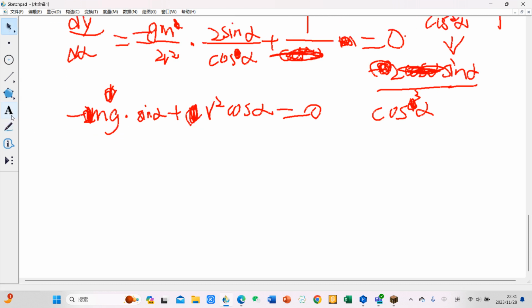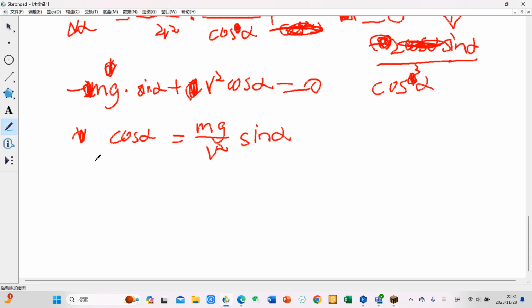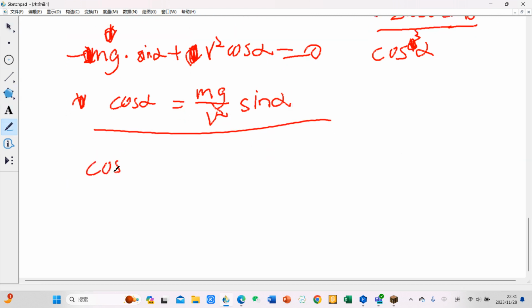Okay, so now we have sine alpha, cosine alpha here. That's not pretty good. Cosine alpha is equal to, let's make it clear, sine alpha, isn't it? Yeah, it is. So we have this, then sine squared alpha, right?